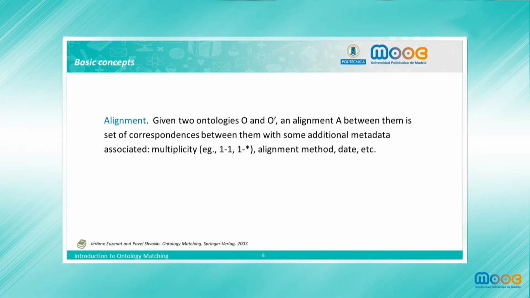An alignment between two ontologies is a set of correspondences between them, typically coming with some additional metadata, such as the multiplicity of the alignment, the method that has been used to get the alignment, and the date in which it was obtained.